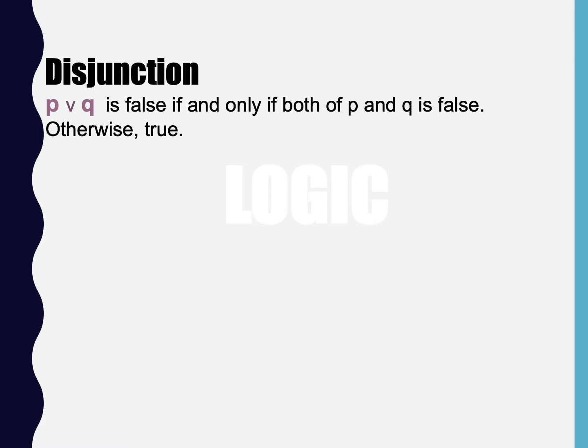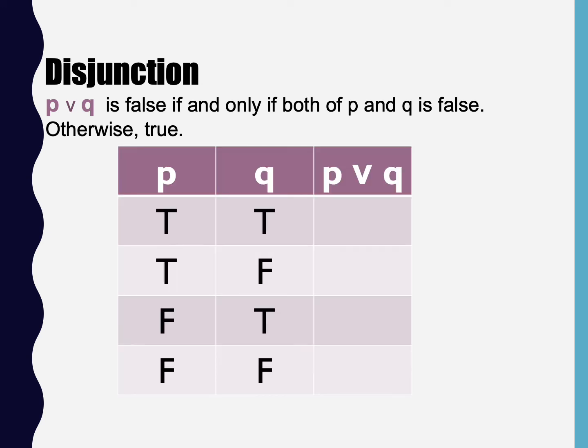The disjunction of the propositions P or Q is false if and only if both P and Q are false. Otherwise, it is true. Setting up the truth table for the disjunction, you will notice that the fourth row has two propositions that are false. Hence, the first three rows will be true and the last row will be false.